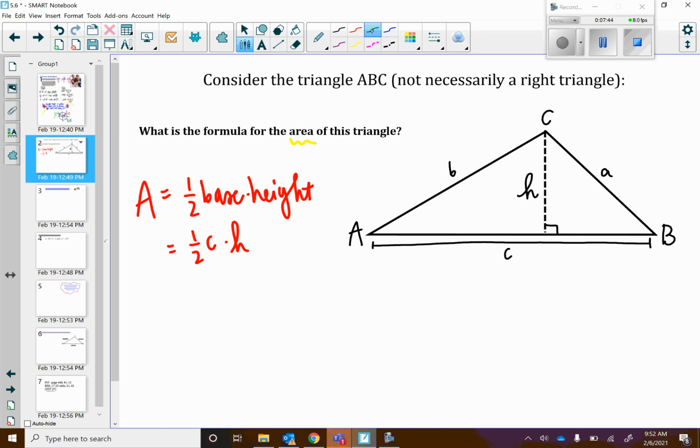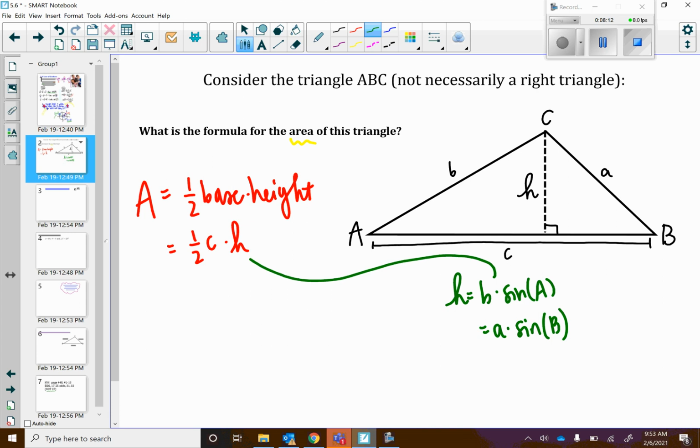That's lovely, but if we think back to our last lesson, we had solved for H as B times sine of angle A, or we said it's A times sine of angle B. And so we can use this height to change our formula here.